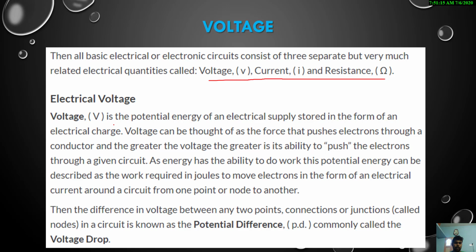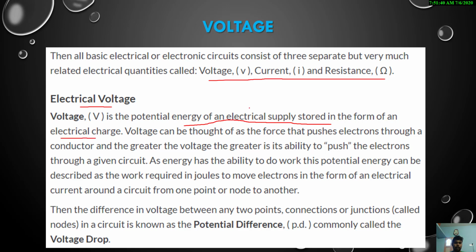Let us see what is voltage and current and resistance in detail. First of all, we will see what is electrical voltage. In general, it is defined as the potential difference across the two points of the conductor. That is the potential energy of an electrical supply stored in the form of an electrical charge.